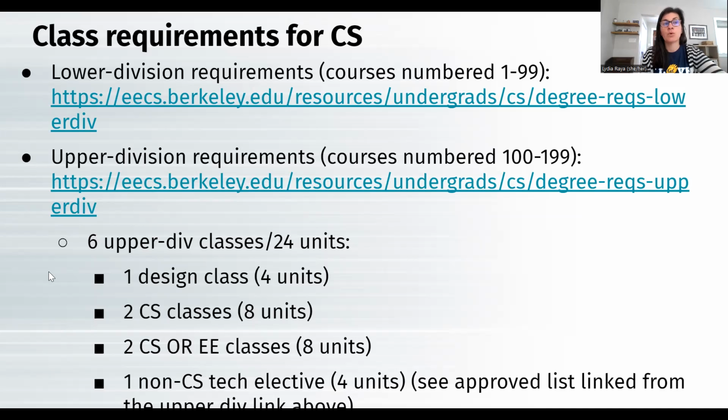A class like CS 170, the next step after 70, advanced algorithms, we see really every fall and spring, sometimes over the summer. CS 188 is artificial intelligence, almost always both fall and spring, sometimes over the summer as well. But then we have a class like CS 160, which is UX, UI. That class is only offered once a year, sometimes over the summer as well. So it's really going to depend on which class we're talking about.